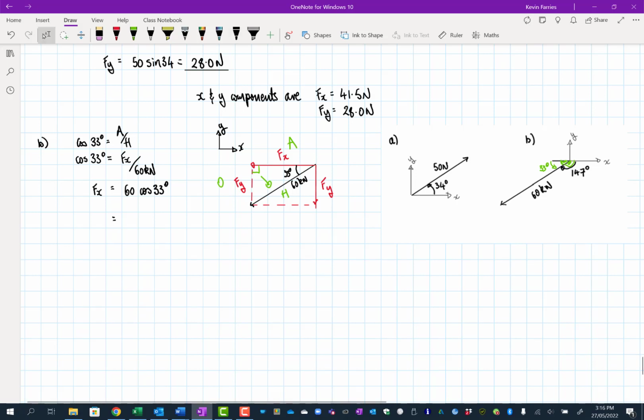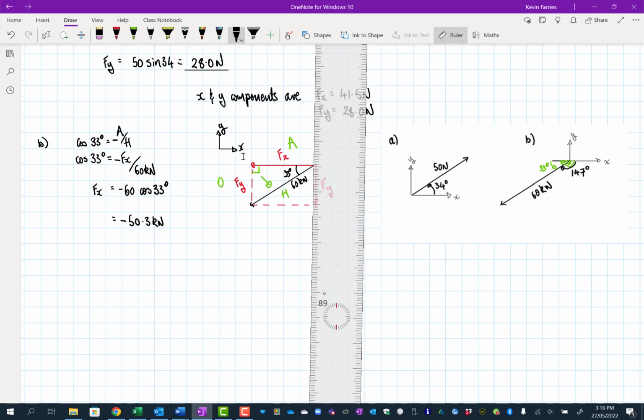Put that in the calculator and you'll get 50.3 kilonewtons. Now just going back and checking, our x direction is this way, but our f of x is heading in the opposite direction. So all of this should have been negative, negative, negative. And so it should have been negative.